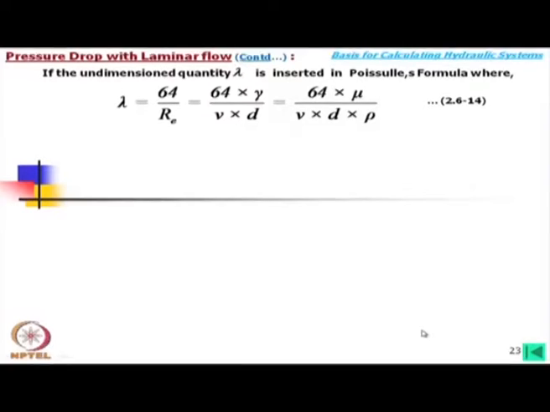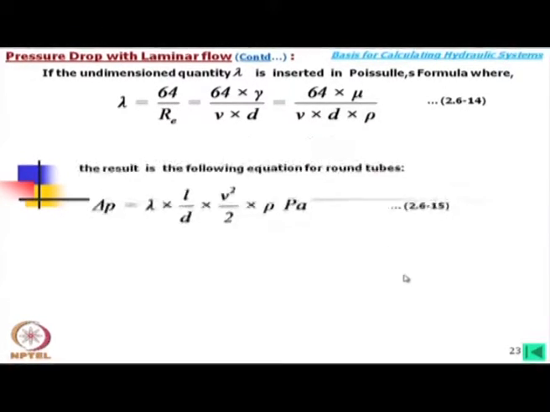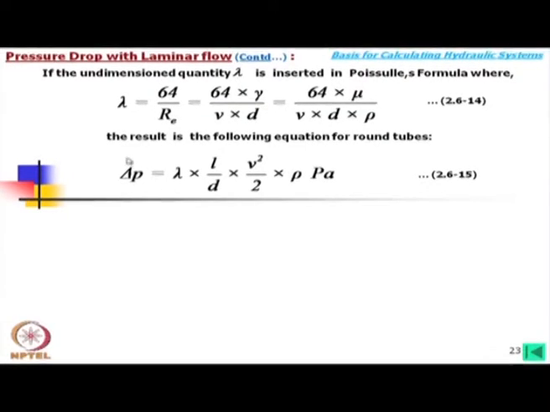Then we need to calculate a factor, lambda, which is inserted in Poiseuille's formula, where lambda is 64 by the Reynolds number. This can be further derived in that way, and the pressure drop is given by this equation. We have introduced this factor to get the realistic value.